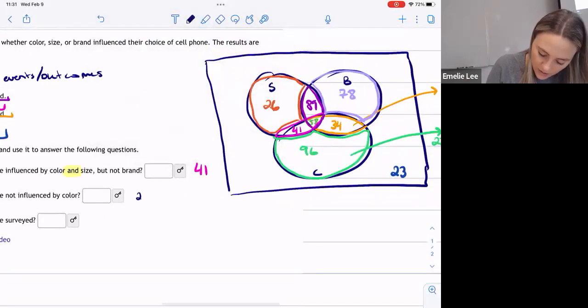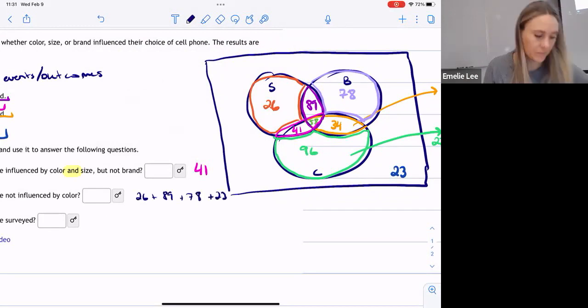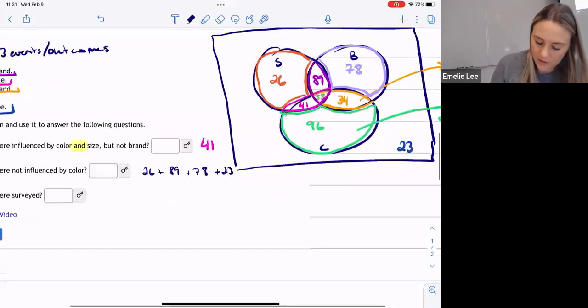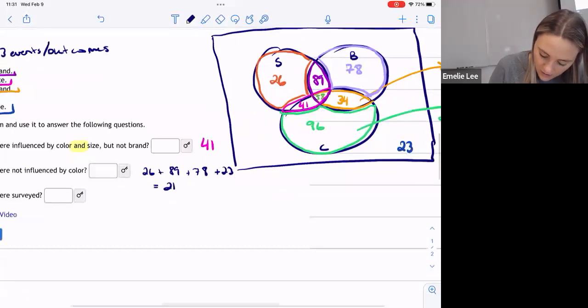So then I would say 26 plus 89 plus 78 plus 23, because those are all the areas that are not color. 26 plus 89 plus 78 plus 23 is 216.